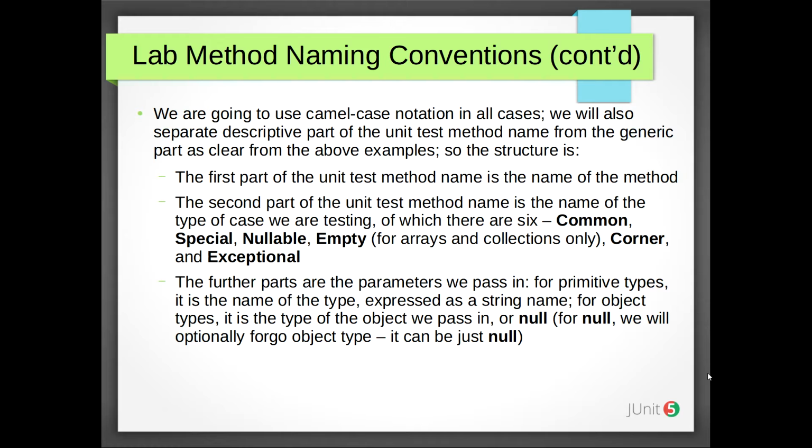So, except for the common case, special, nullable, empty, corner, and exceptional are all special types of cases that we just choose to separate and further granularize.